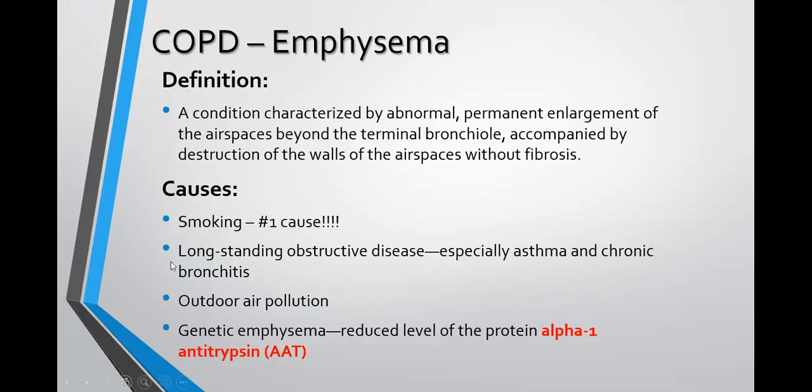All right. The next cause, long-standing obstructive disease. If you already had asthma and chronic bronchitis for a long time, they together can damage the lungs to the point where they become floppy. Once they become floppy, it's called what? Emphysema. Usually emphysema is caused by smoking, but the smoking gives you chronic bronchitis and other things together.